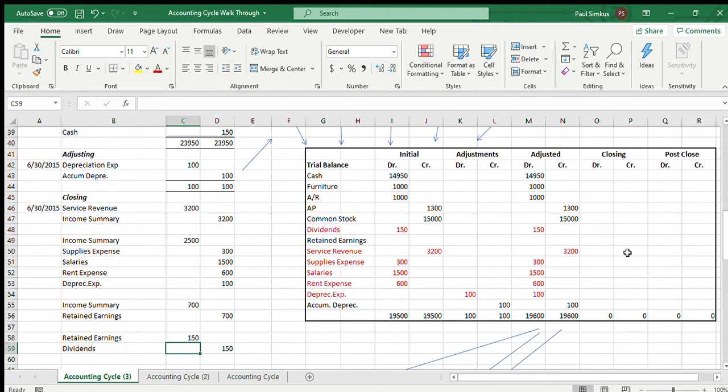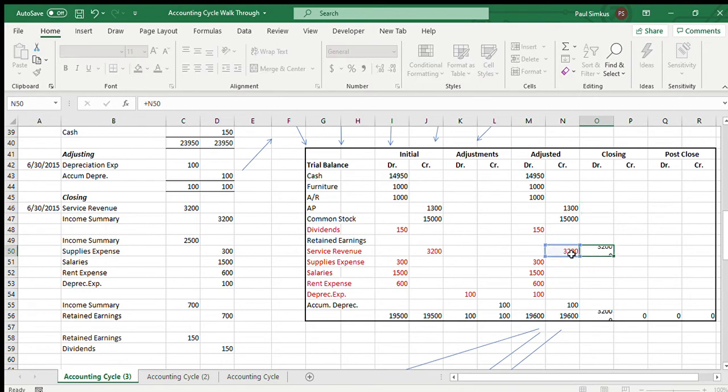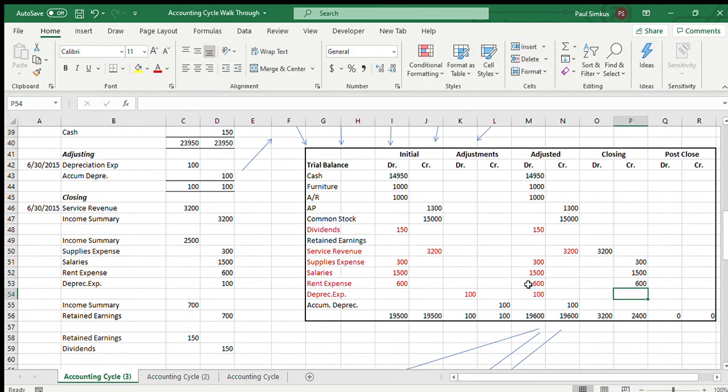So the closing entries we're making, if you walk through those, we're closing the revenue account with a debit. We're closing the expense accounts with a credit. Okay. We're closing dividends with a credit.